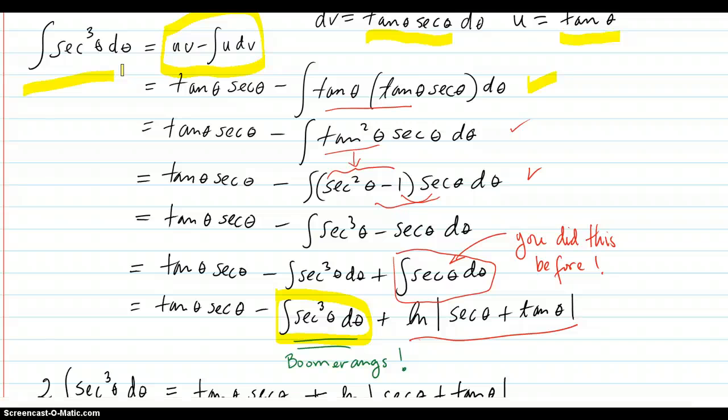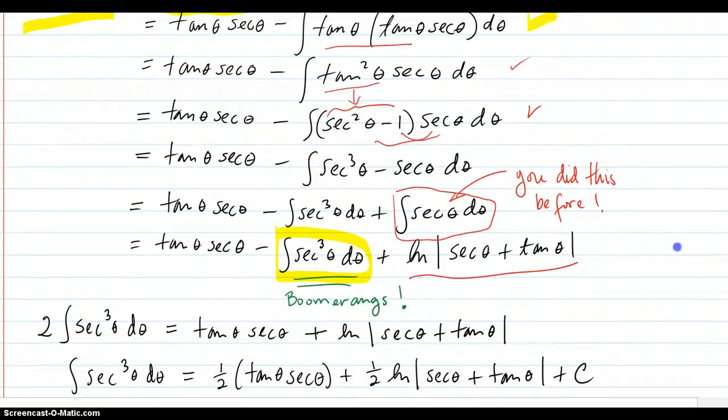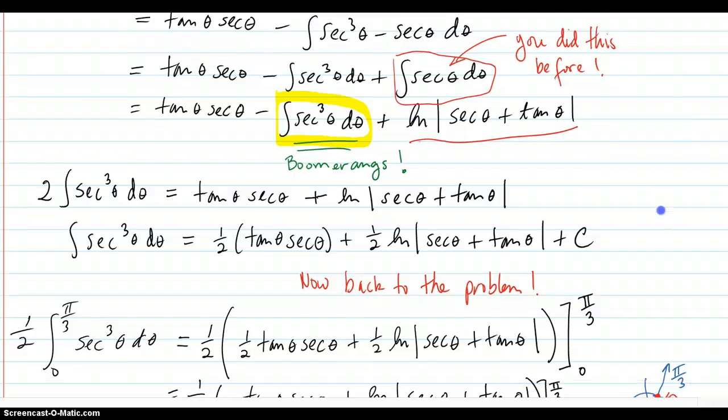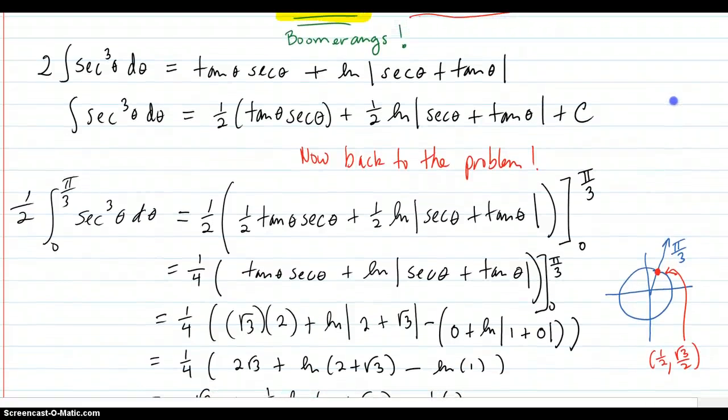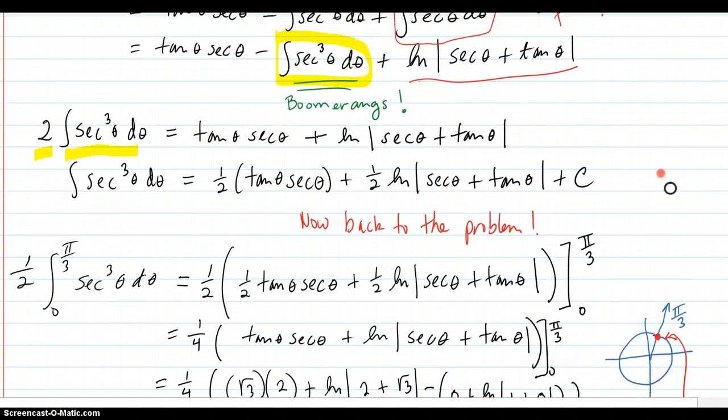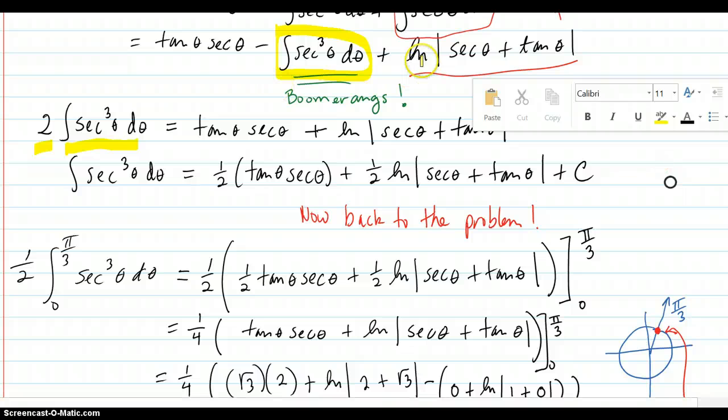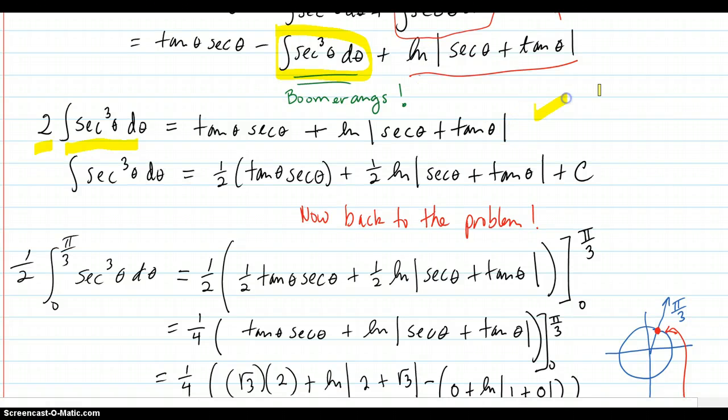And so on the right hand side you will end up with this 2 integral of secant cubed, and that is equal to what we had here on the right hand side. That's right here. Dividing by 2 throughout gives you here. So that's the antiderivative for secant cubed.